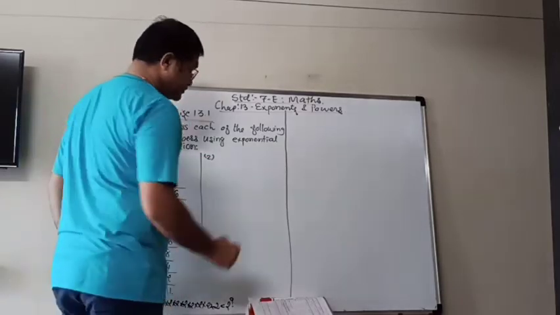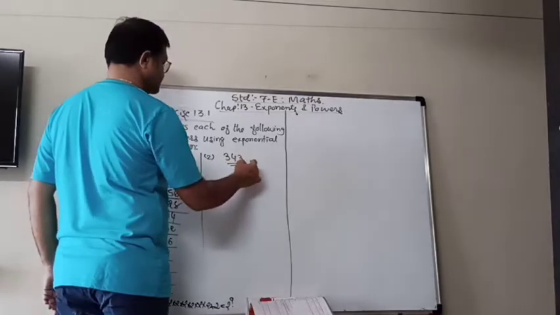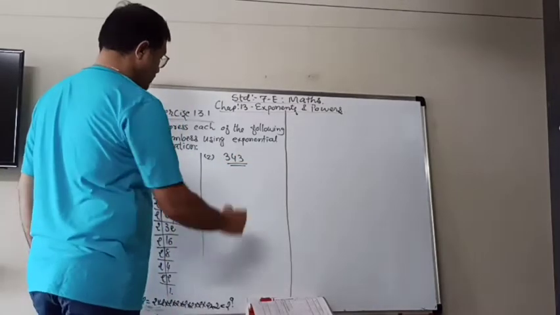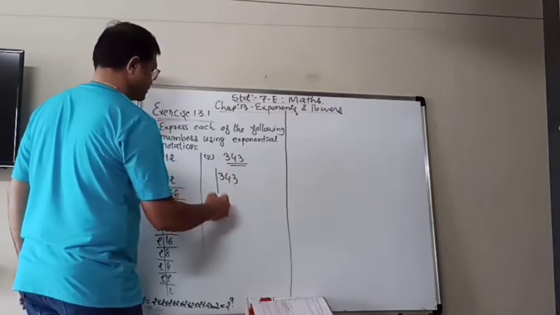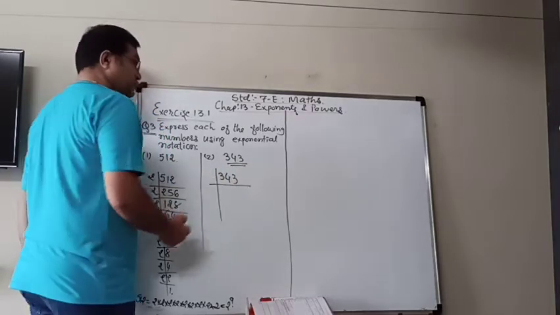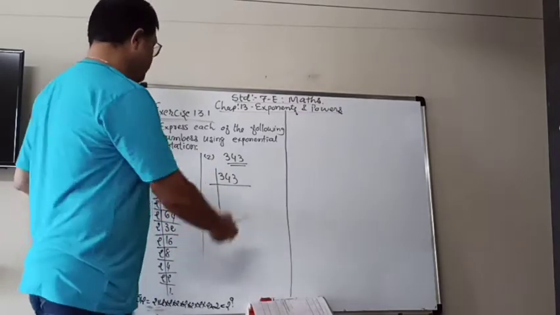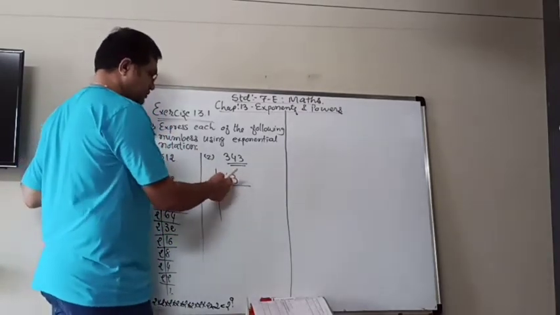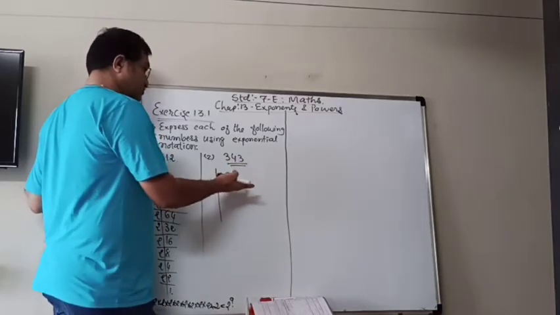Second one is 343. Now 343 is an odd number, so we cannot divide by 2. Let's check by 3. No. 5 is not possible.